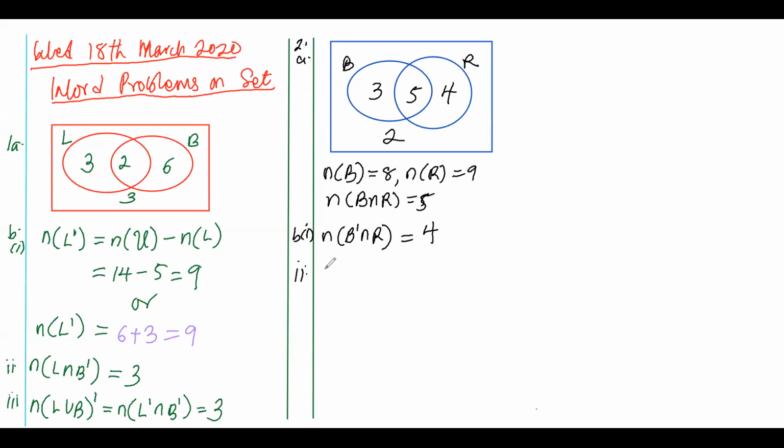Can I have someone else give us that in set notation? B prime. Oh, okay. Let's have Melody. B prime intersect R. Oh, sorry. It is B prime intersect R prime. And that is 2.